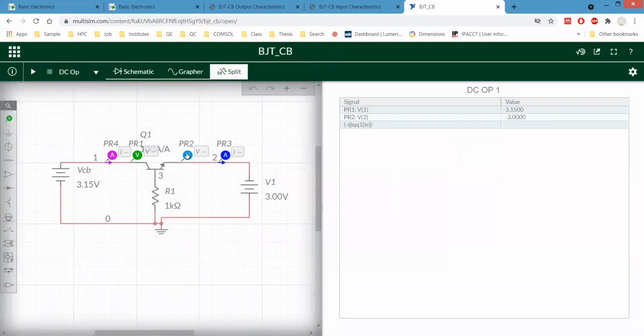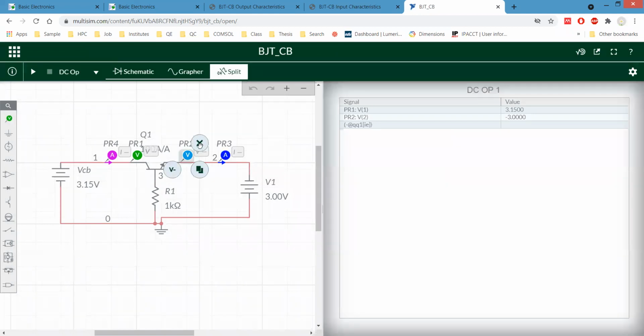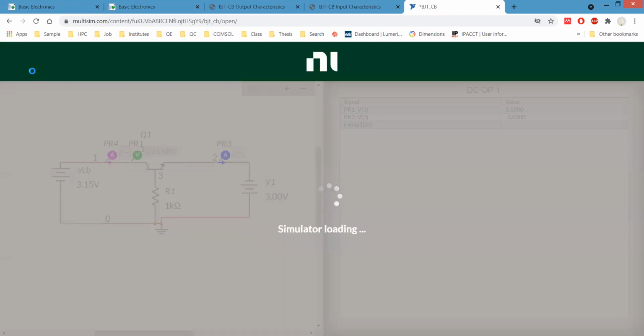Okay, now we do not need this voltmeter. Only these three things we need. For this one, let me check what the emitter current is.